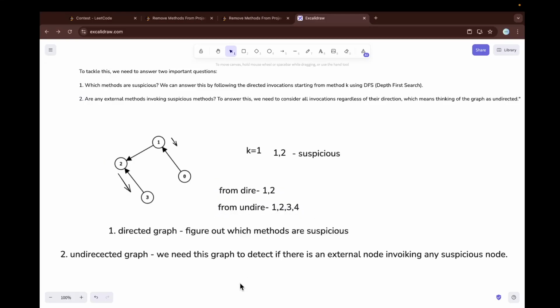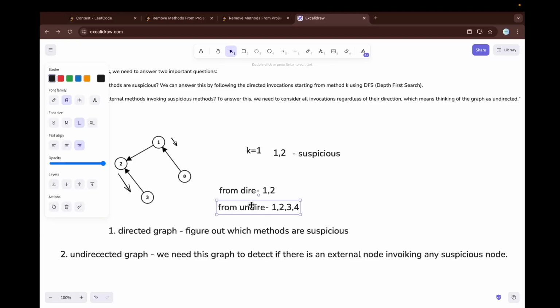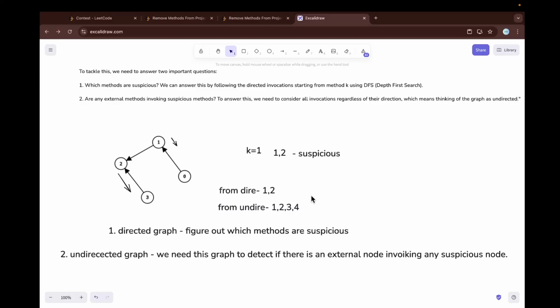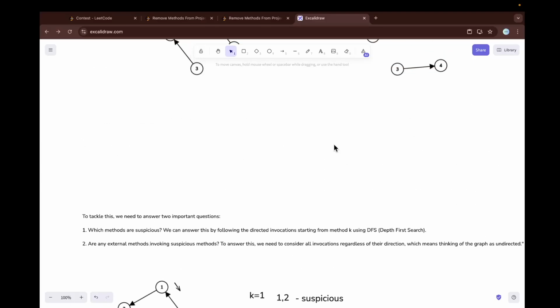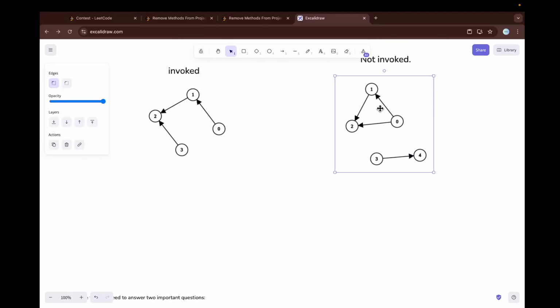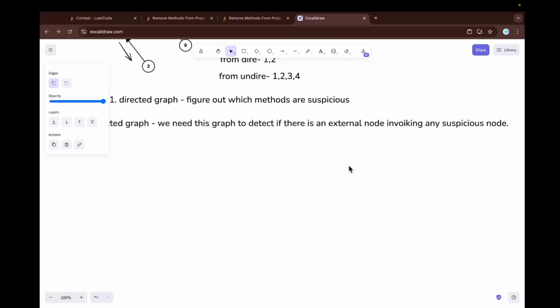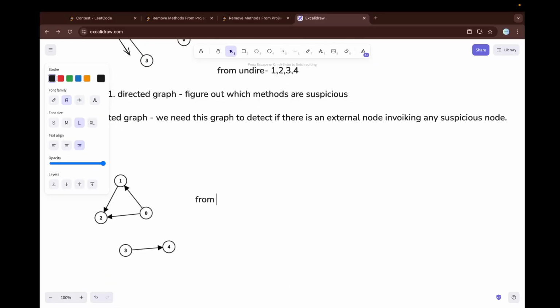So basically, if the set of methods reached by DFS in the directed graph as well as the undirected graph is the same, that means there are no outside methods that can reach the suspicious method. As we can see in this example, from the directed graph, we can reach 0, 1 and 2, and from the undirected graph, we can also reach 0, 1 and 2.